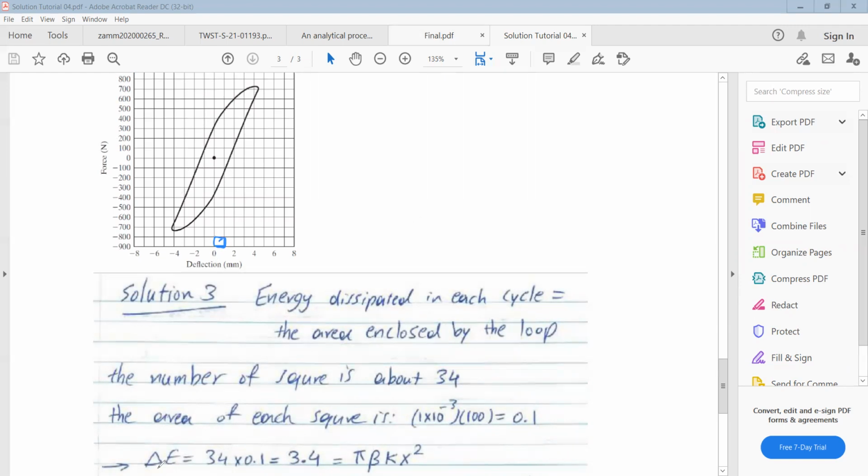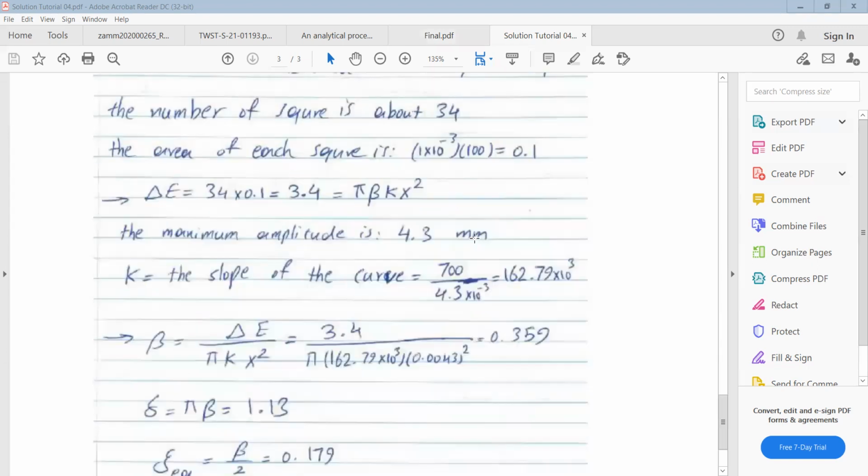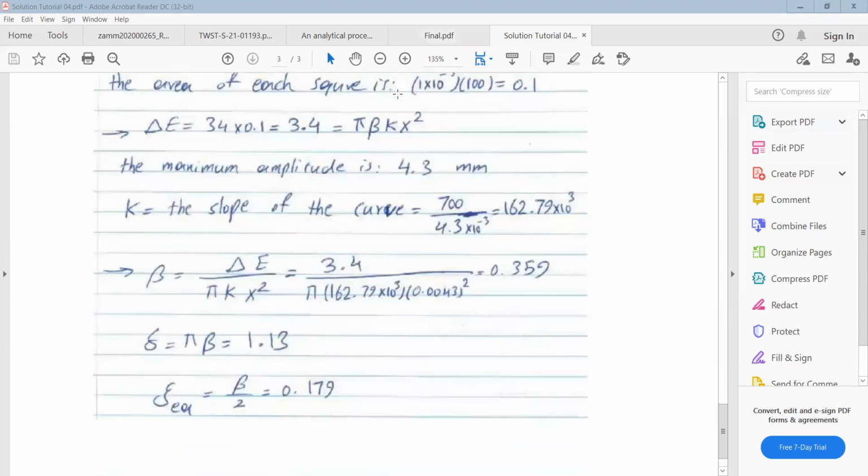So the total energy dissipated is 3.4. And we know in a system with hysteresis damping, it must be equal to pi beta k x squared.